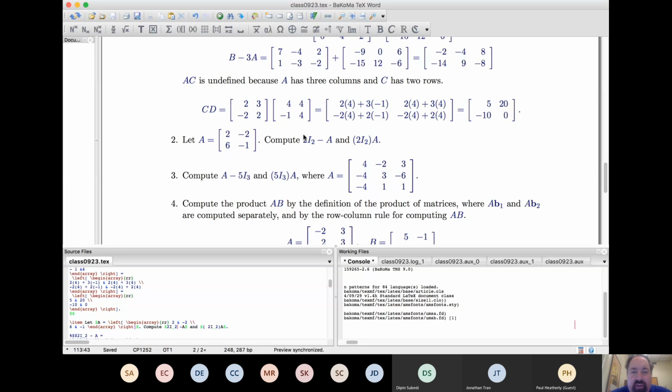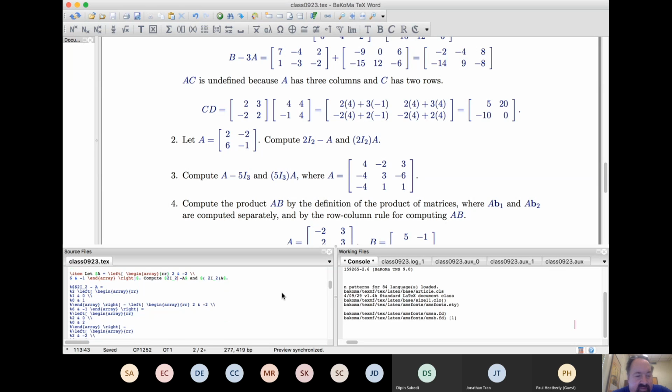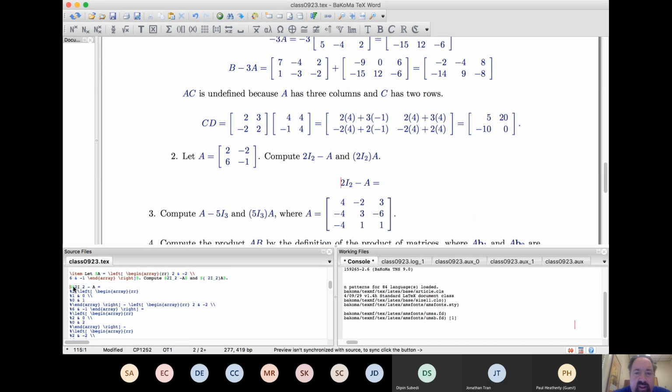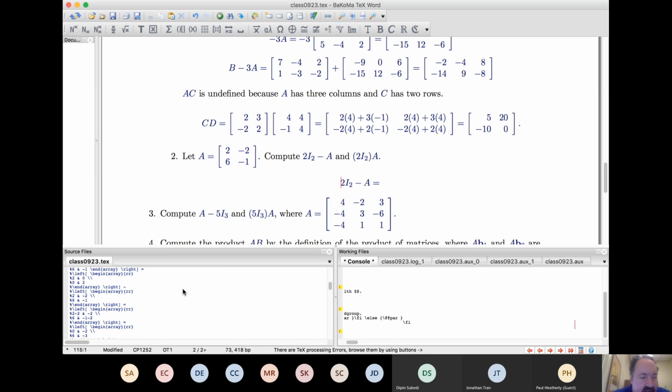What's asked for is twice the identity matrix minus A. And then here we have matrix multiplication, but of a very simple kind, 2 times the identity matrix, multiplied by A. Okay, so our first operation, 2I, 2 times identity minus A.